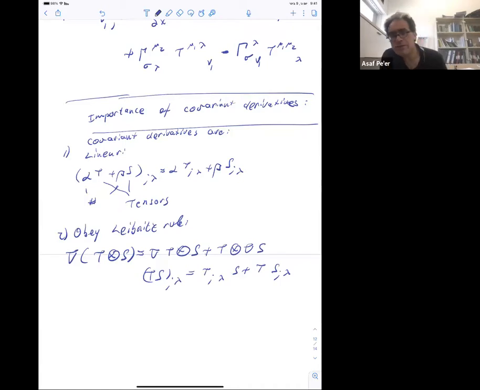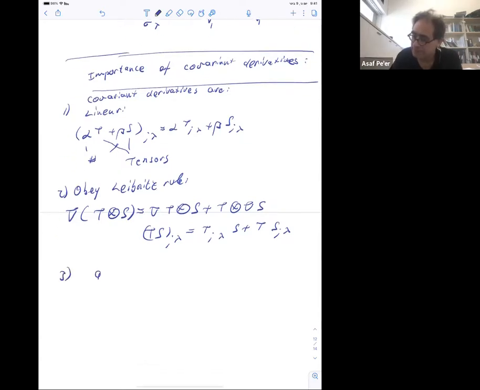What's the covariant derivative of the metric? What is the covariant derivative of the metric?